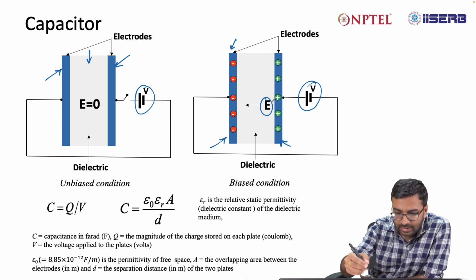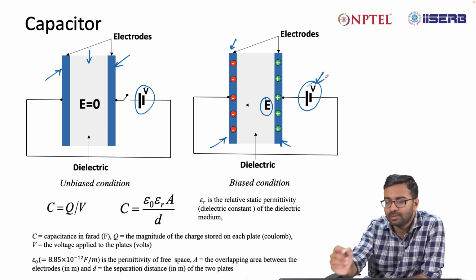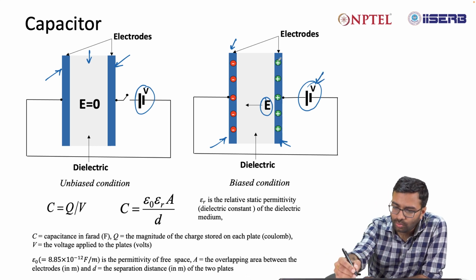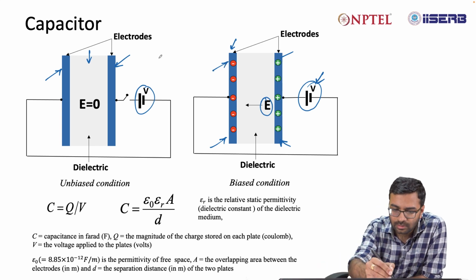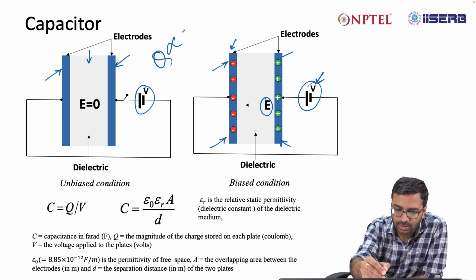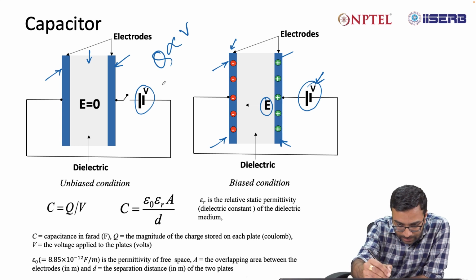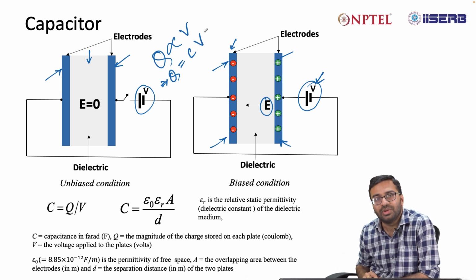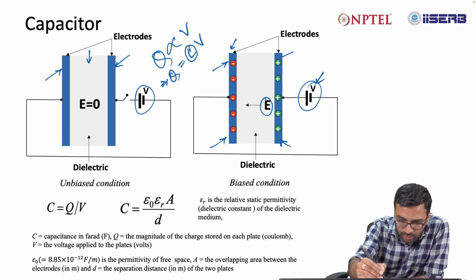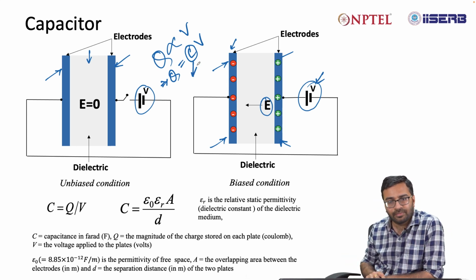Now if you increase the applied voltage, the charges stored in those parallel plates will also increase. That means charge Q is proportional to V, the applied voltage, or you can write Q is equal to a proportionality constant into V. This proportionality constant C is known as capacitance.